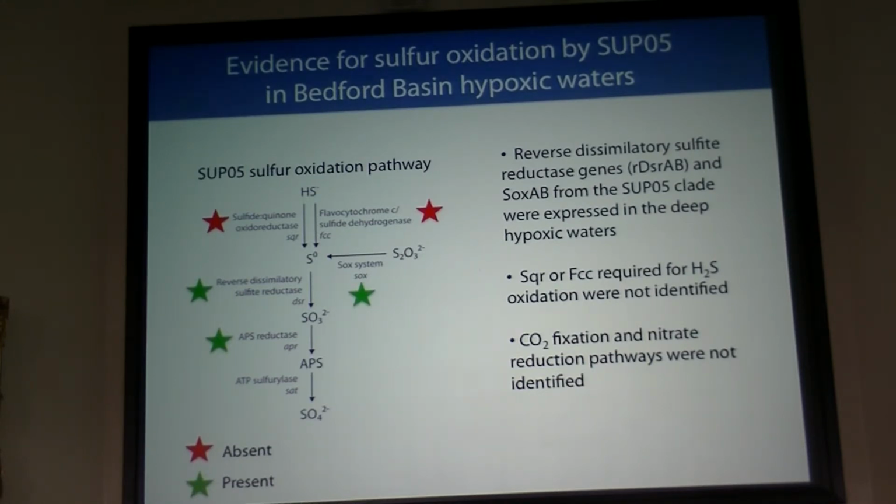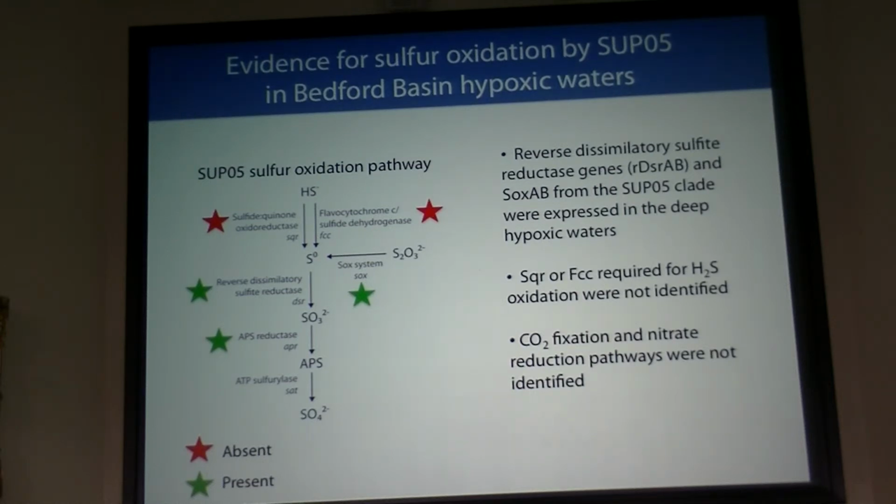And the most striking observation was that we found strong evidence for sulfur oxidation actually occurring in Bedford Basin under these hypoxic conditions. So it's not important that you understand the actual pathway here, but the green enzymes are enzymes that we did detect, and the red enzymes are those that we did not detect.